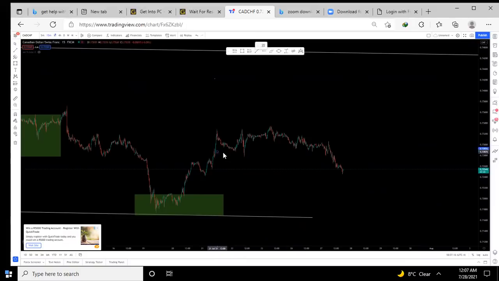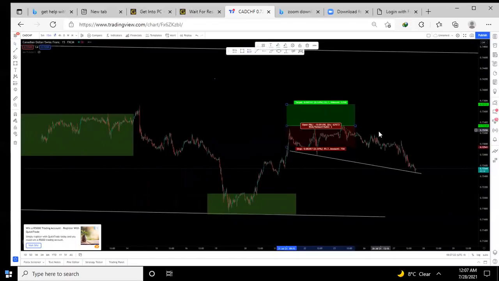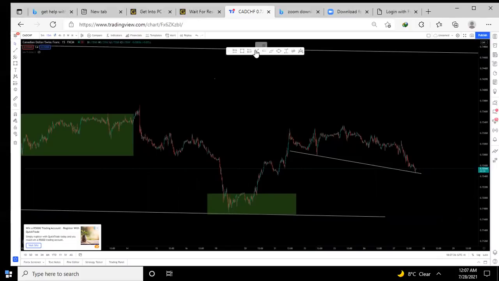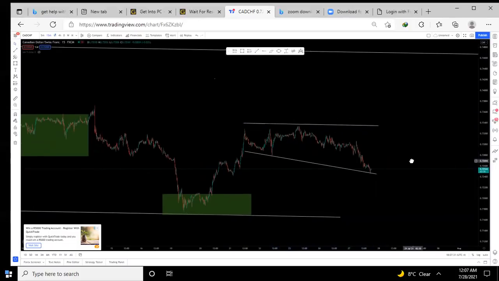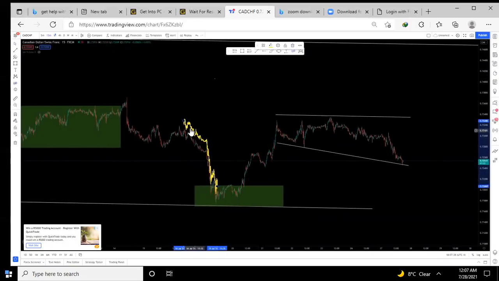So you can take this thing as a correction, and we know after a correction what will happen. It's not something you can argue on, but after a correction, we're just going to have an impulse. So I'll take this impulse.